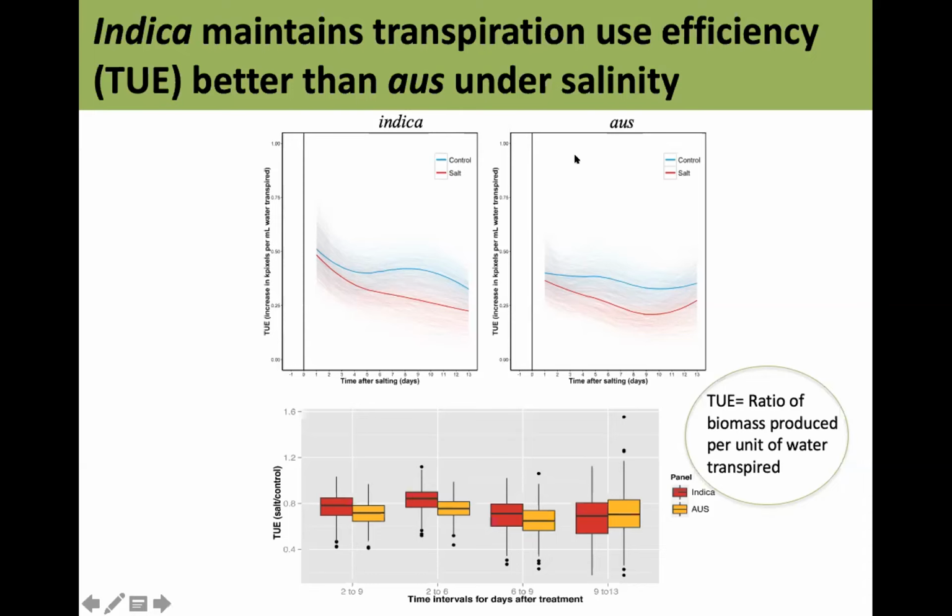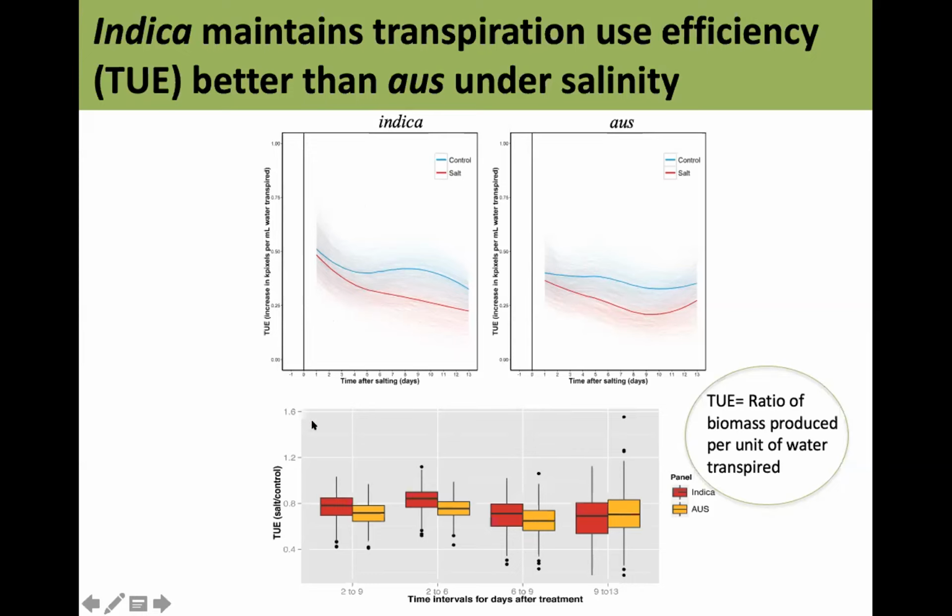So here, when comparing the indica and Aus, on average, TUE decreases more rapidly for salt-treated plants, and the indica panel had a lower average decrease in TUE when compared to the Aus. It was 16% compared to a 24% decrease.